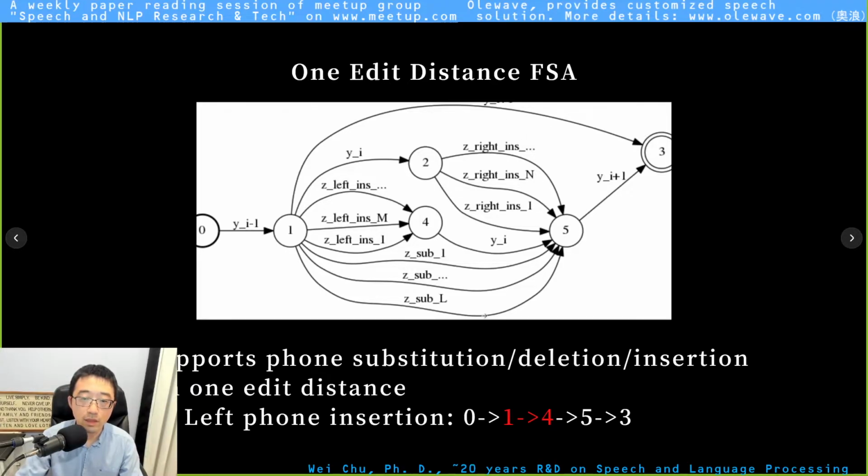The insertion is slightly more sophisticated. Take the left phone insertion, for example. You go from 0 to 1, then have all the possibilities added here to node 4. Then node 4 to 5 is y sub i, it does not change. Then from 5 to 3, you can insert one left phone here.